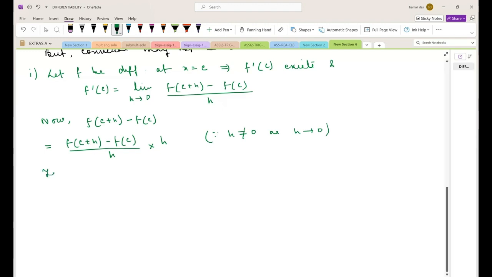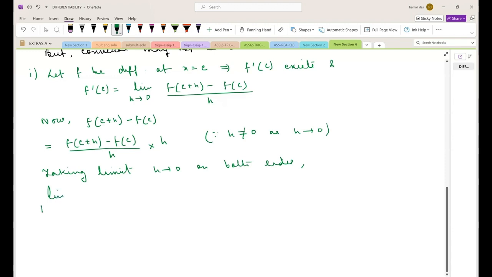So now, taking the limit h tends to 0 on both sides, what do I get?